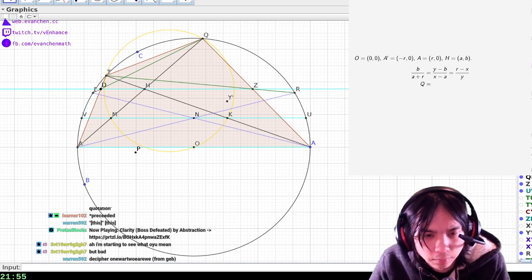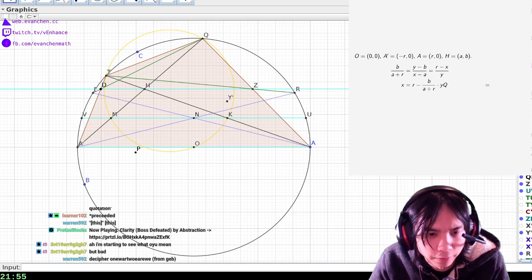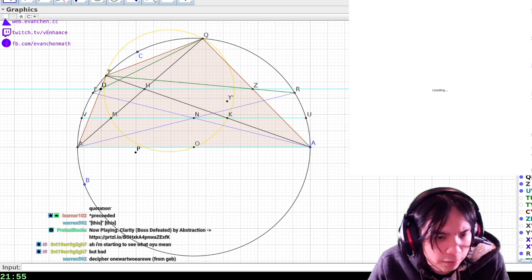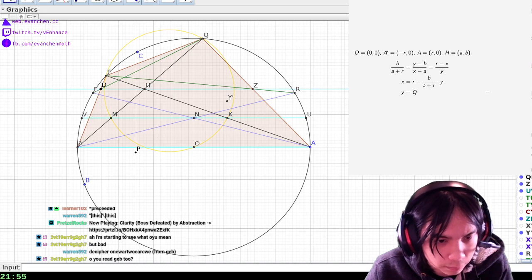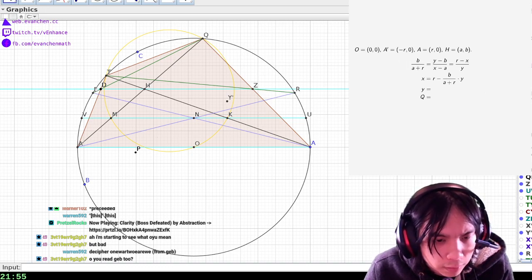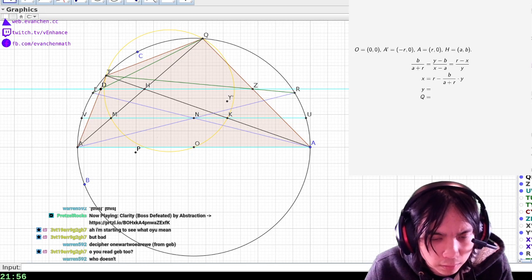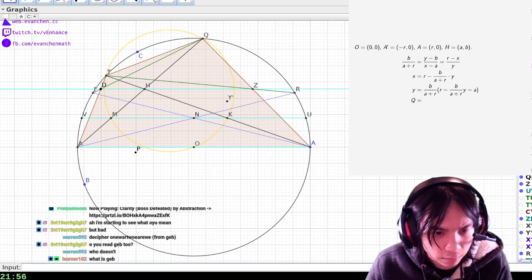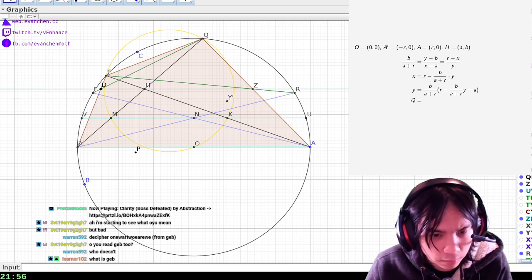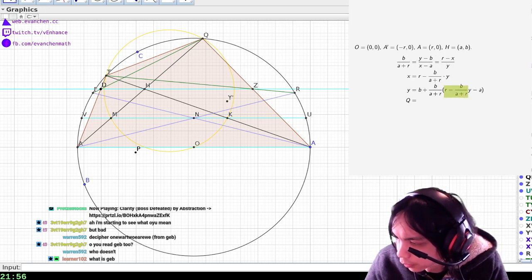X is equal to that. So if I put that in, then y is... b plus that, right? So this whole thing is the value of x.